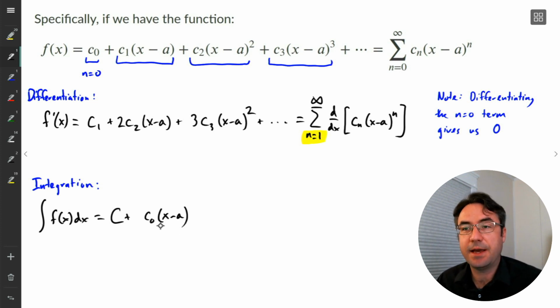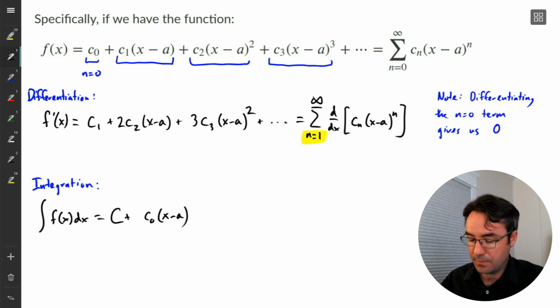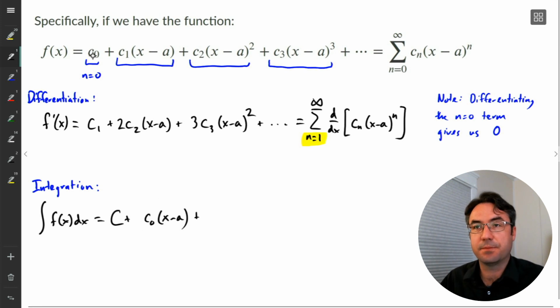When we integrate that, we're going to introduce powers of x minus a. You could almost think of this like a u substitution type integration, but we're going to introduce powers of x minus a so that it matches up with everything else here. So that would be the integral of this first term.